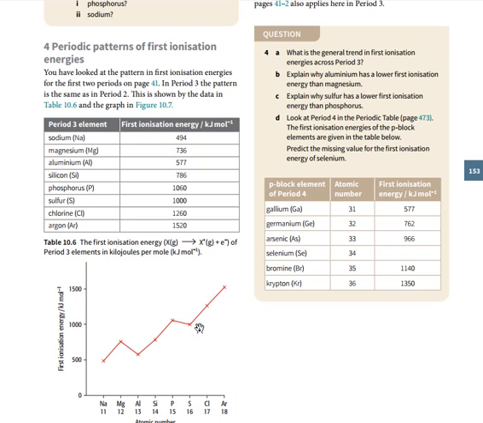Going to the case of sulfur, you realize that you have a smaller first ionization energy compared to phosphorus, and this is because a completely full subshell is more stable than a half full subshell, which is more stable than a partially full subshell.